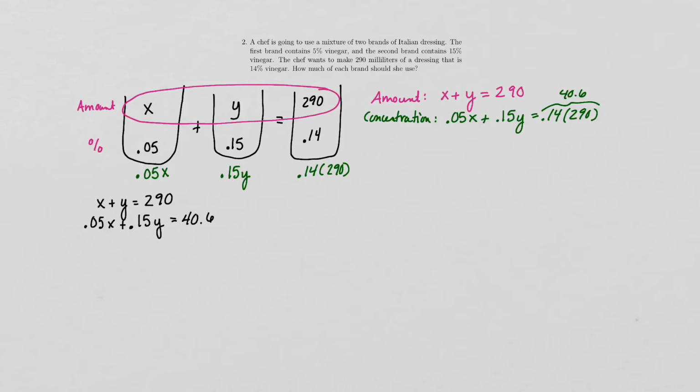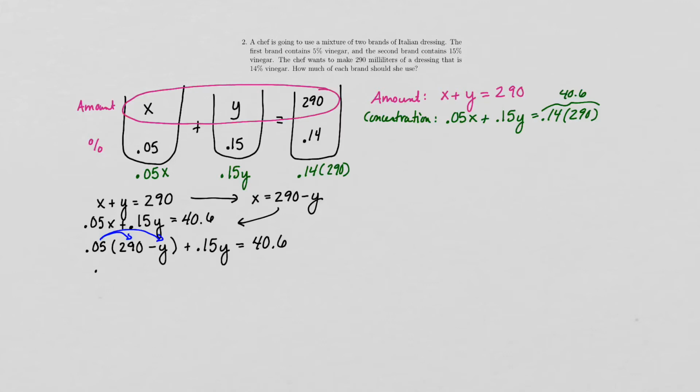And so what I'm going to do here, just like I did before, I'm going to solve that first equation for x. So x is going to be 290 minus y. And then I'm going to plug that into the second equation. So 0.05 times (290 minus y) plus 0.15y equals 40.6. Just like we did before, we're going to distribute that 0.05.